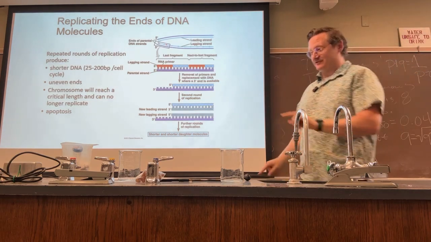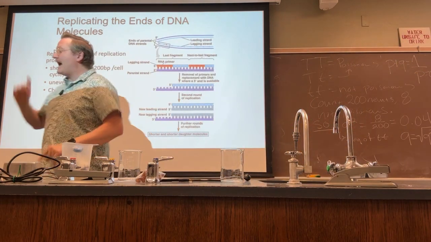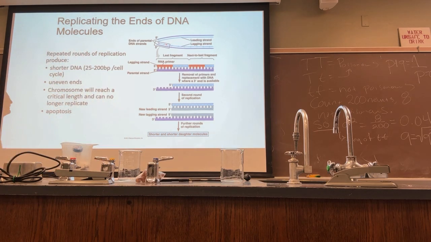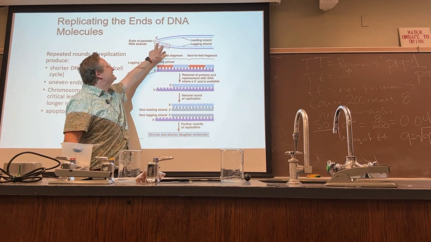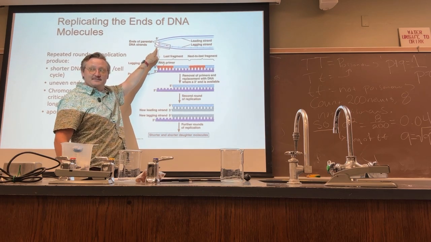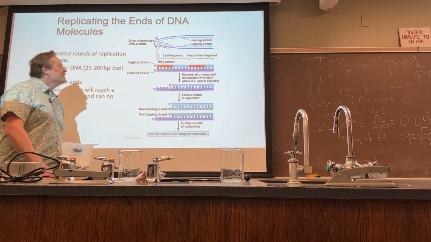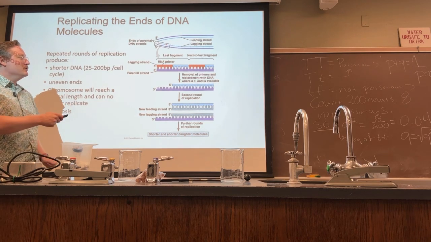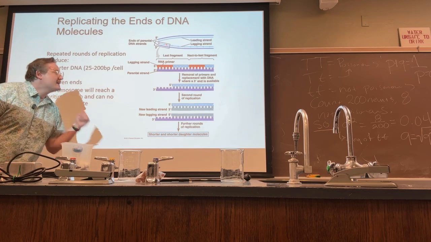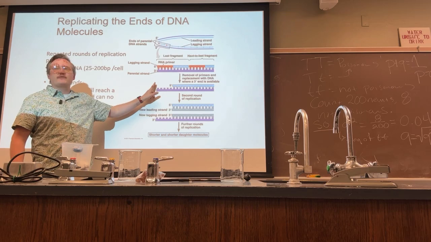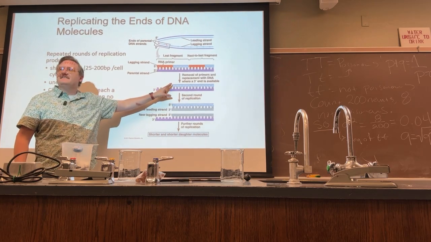But the lagging strand, you had to keep adding RNA primers all the way to the end. You had to keep building these little pieces. So at the very end of this part of the parental strand, you added an RNA primer, and then you remove that primer, but you can't replace it with nucleotides because there's no 3' end here, and you can't add to the 5' end here.